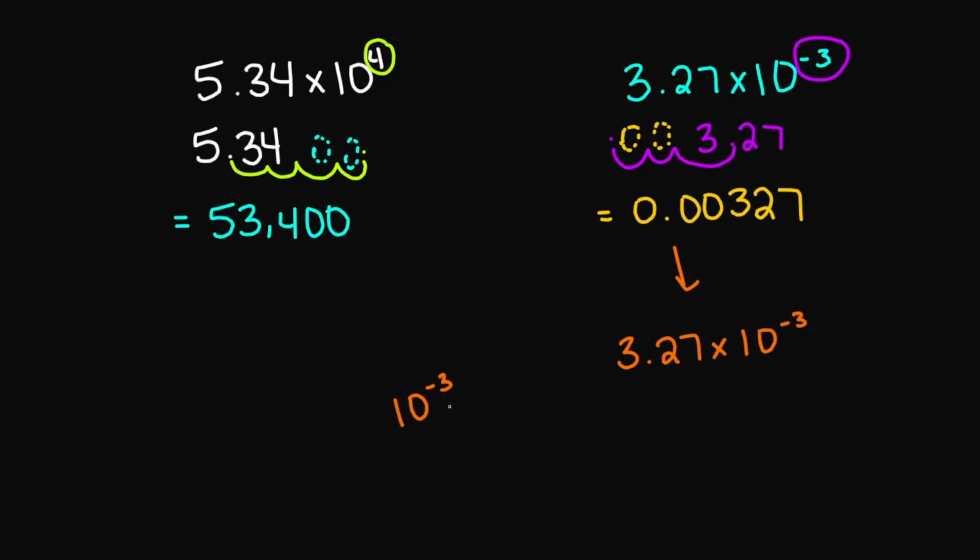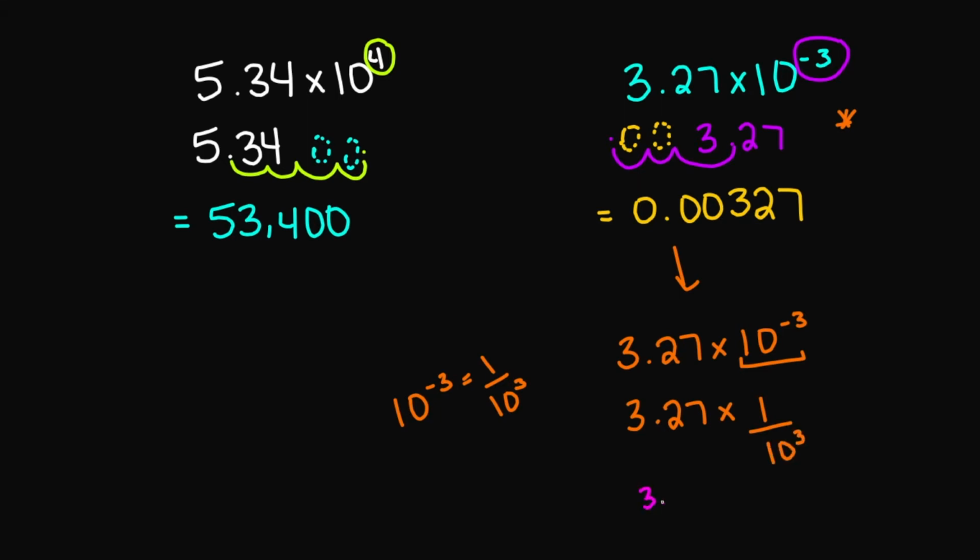So for this same example, 3.27 times 10 to the -3rd. Remember in laws of exponents, if you have a base number raised to a negative exponent, to make your exponent positive, this is going to be 1 over 10 to the 3rd power. So essentially, this is what we are doing here. You are able to do it this way, or if you do the extra step, you're going to get 3.27 times 1 over 10 to the third power.